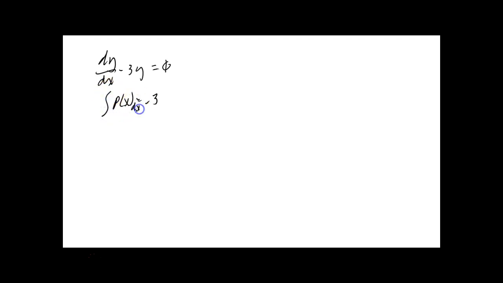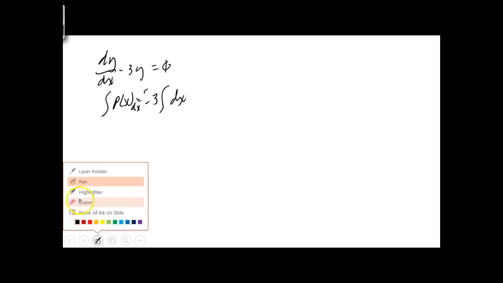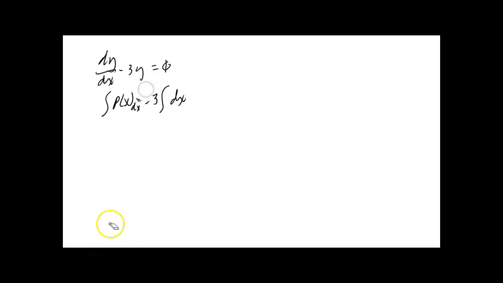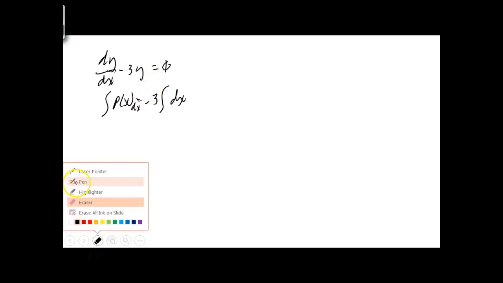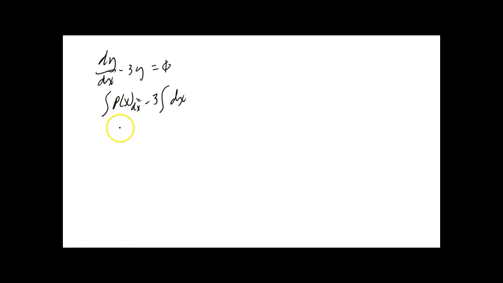We integrate it. I'm going to leave the minus 3 on the outside because it's not going to affect the integration at all. And what does that give us? The integral of p of x dx is equal to minus 3 times the integral of dx.